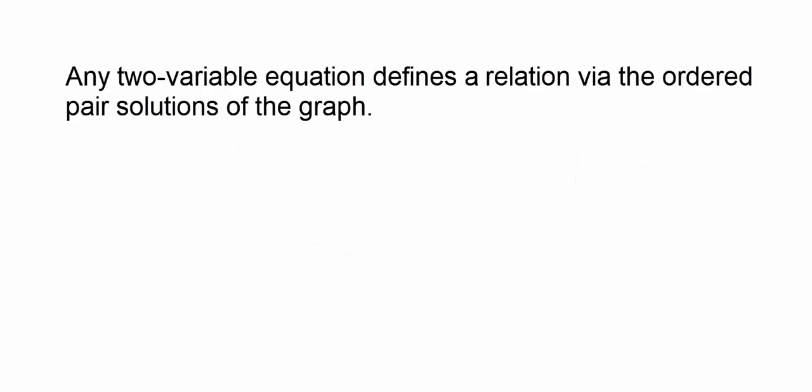A solution to an equation in two variables can also be written as an ordered pair. So any equation in two variables also defines a relation that consists of all of the ordered pairs that are solutions to the equation.